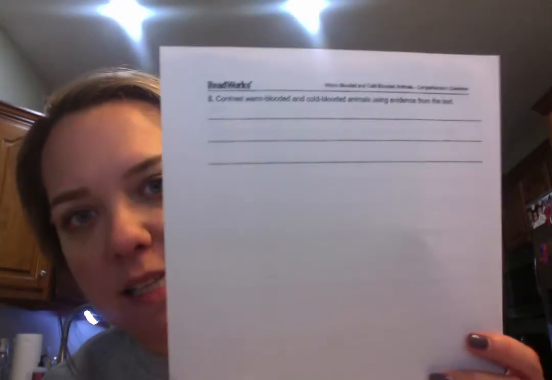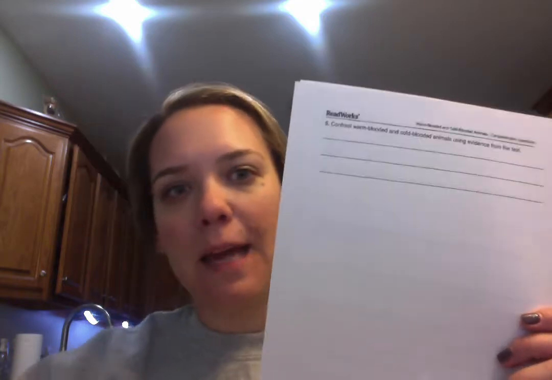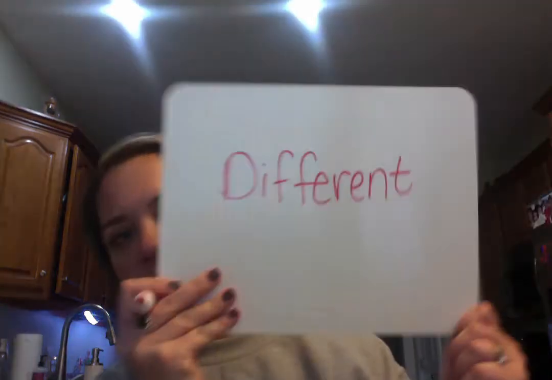Question 5 is a really good, tough question today. It says, contrast warm-blooded and cold-blooded animals using evidence from the text. Contrast. The word contrast means, and I know that you guys know this, how are they different?